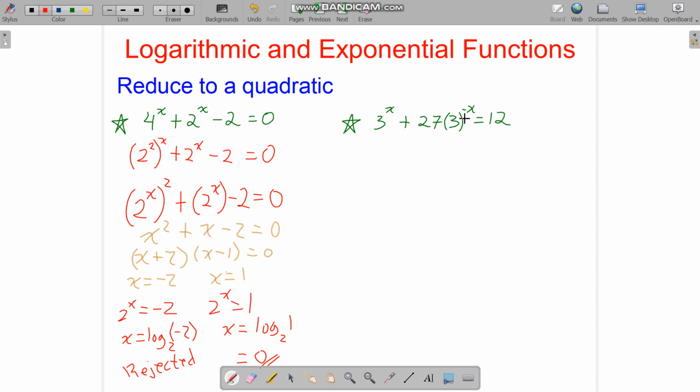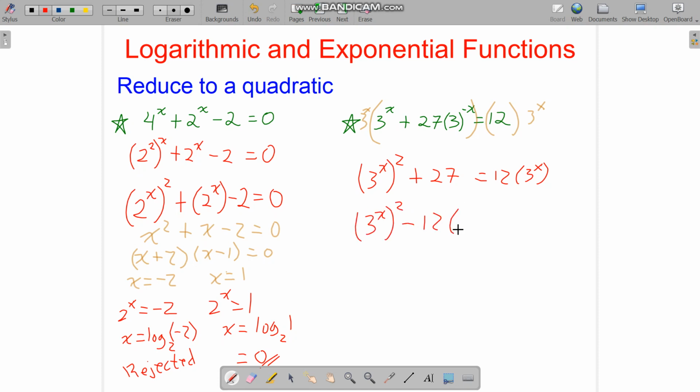And here, if we just multiply throughout by 3 to the power of x, we get a quadratic in terms of 3 to the power of x, because you have 3 to the power of x squared plus 27 equals 12 times 3 to the power of x, which is a quadratic because it's the same as 3 to the power of x squared minus 12 times 3 to the power of x plus 27 equals 0.